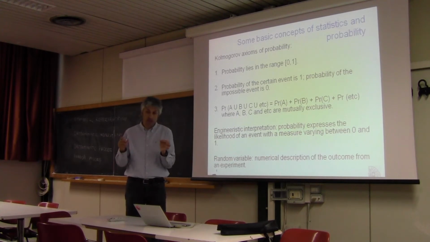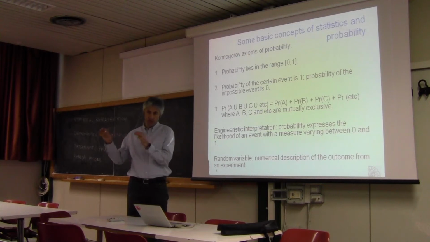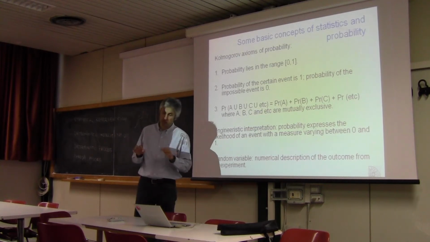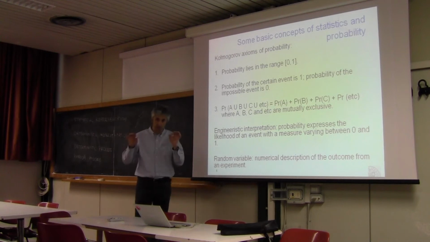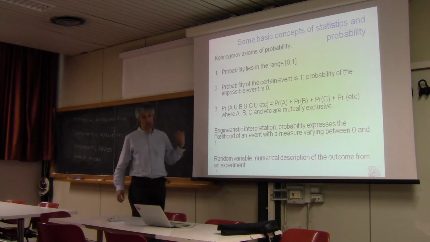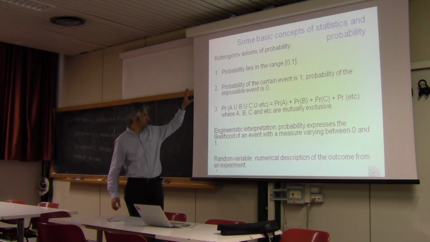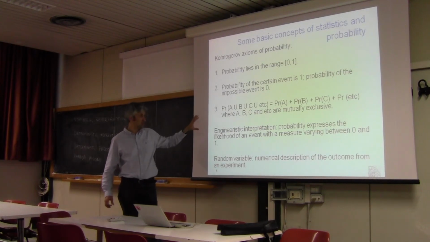either if we decide to adopt the Bayesian approach or the frequentist one, we need anyway to define what probability is. And there is a definition that was proposed by a famous Russian statistician called Kolmogorov in 1940, and he developed these 3 axioms, and these 3 axioms are the basis for the definition.